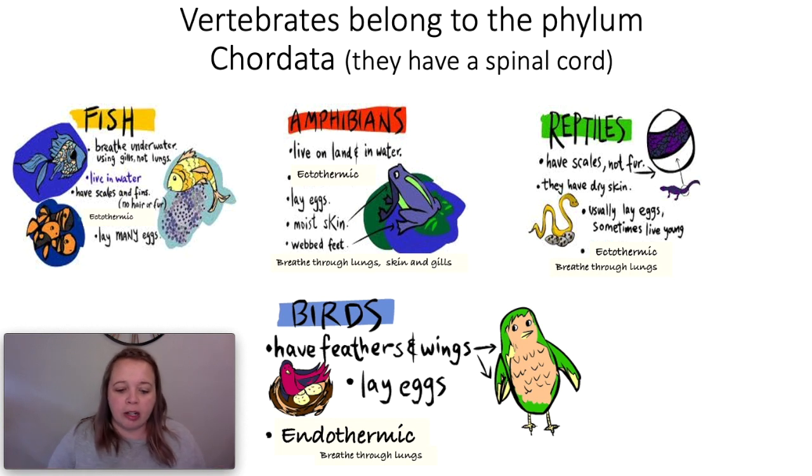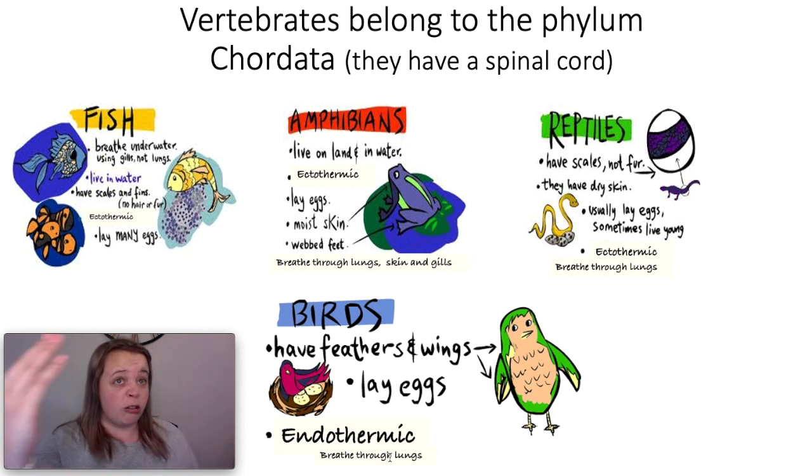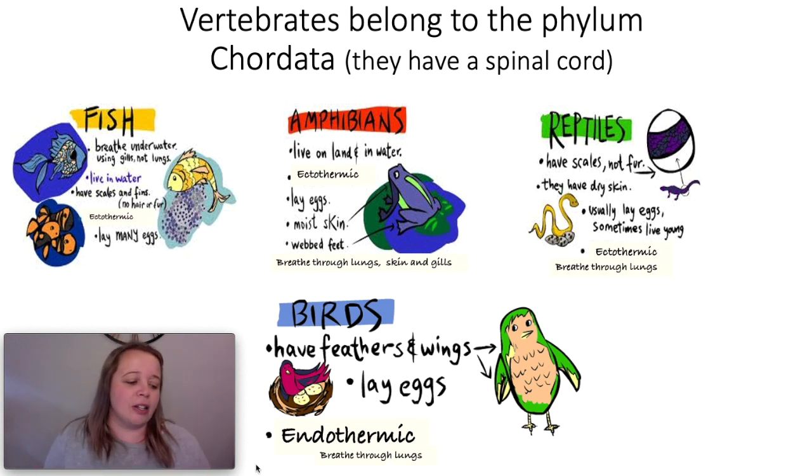So birds are endothermic, so you've got things like penguins that live in the Arctic and the Antarctic. So this ability to maintain your own body temperature, being endothermic, is really valuable. They also breathe through lungs, which makes sense because they are terrestrial, and terrestrial is the word that we use for anything that lives on land.